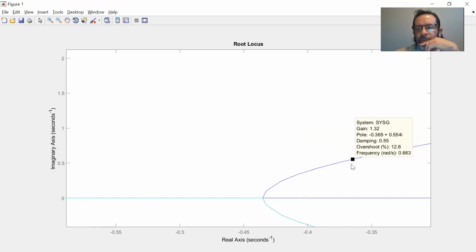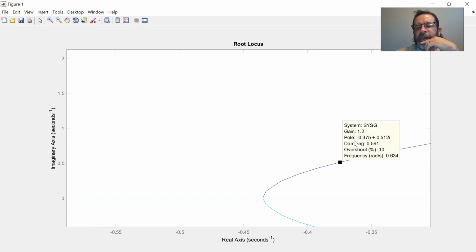Oh, it went over. So I'm just tracing it here. So the mark of 10% is going to be around a gain of 1.2. So any gain that is lower than 1.2 should give me a lower overshoot.